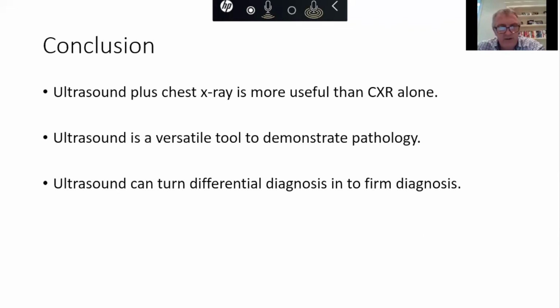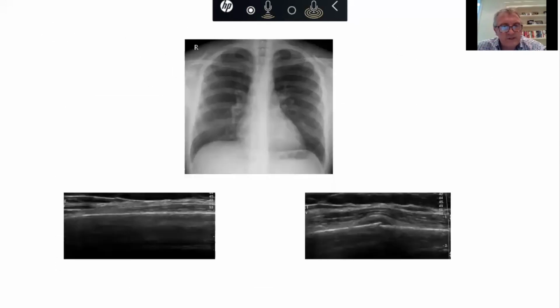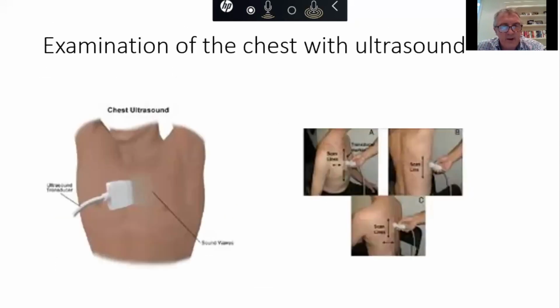So let's just briefly go through what I've already spoken about the technique, curvilinear probe in the axilla, looking for the middle lobes and lingula. That's what that examines. Examining posteriorly on the chest is looking at the lower lobes, and examining anteriorly is looking at the upper lobes.